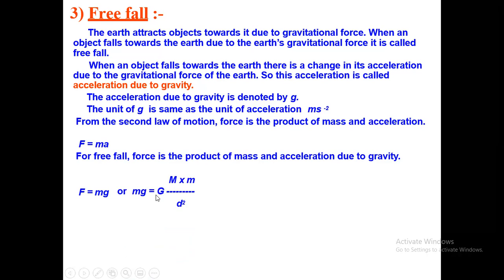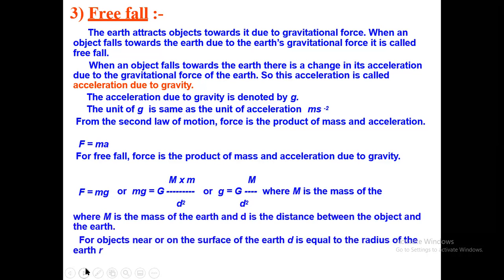Then mg is equal to GMm upon d square, or g is equal to GM upon d square, where capital M is the mass of the earth and small m is the mass of our object, and d is the distance between the object and the earth.